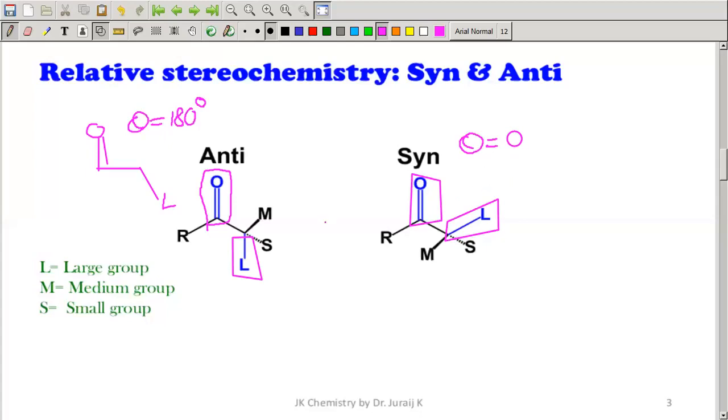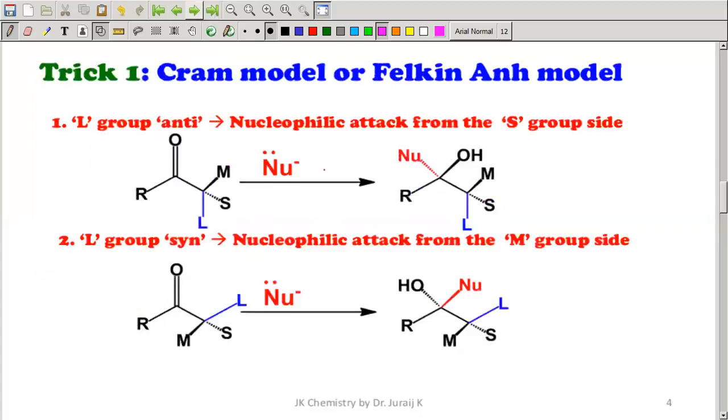I'm repeating: anti means your carbonyl functional group and large group should both be in the plane of paper, with a dihedral angle of 180. If their dihedral angle is 0, it's termed syn, and both should be in the plane of paper. Okay. Now we move on to the first trick. In this scenario, we are mainly dealing with the Cram model or Felkin Anh model.